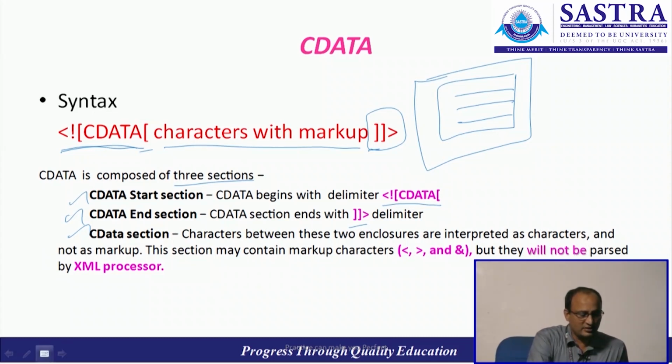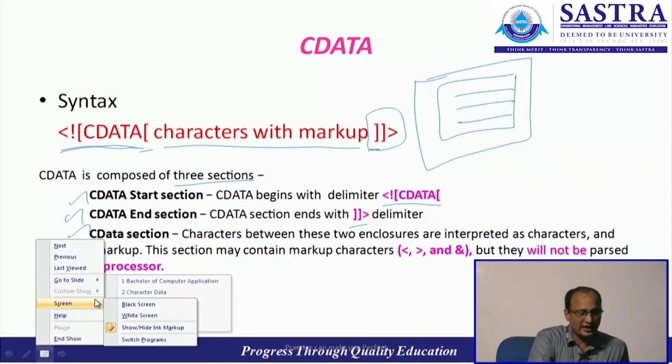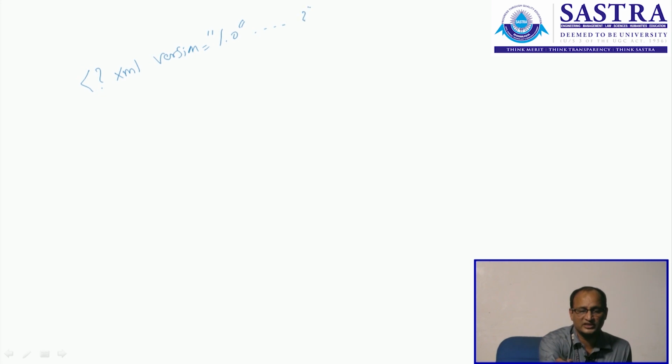For example, I would like to include one more element. This is the way we have to start: XML version equal to 1.0 and the Unicode representation we will be giving. After that, before including the CDATA representations, we should have a root tag.